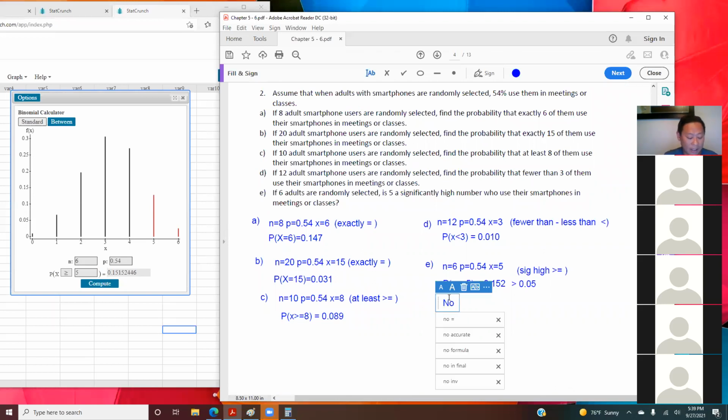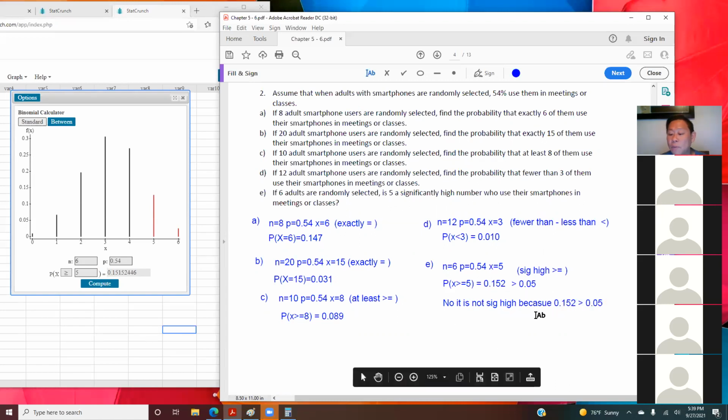No, it is not significantly high, because 0.152 is greater than 0.05. This is usually how we reply. You just figure out if this number is less than or more than 5%. If it's more than 5%, the answer is no. If it's less than 5%, the answer is yes.